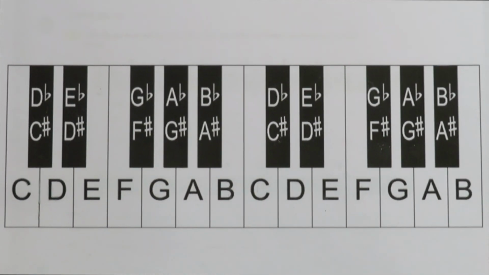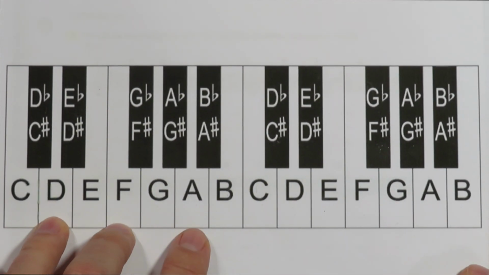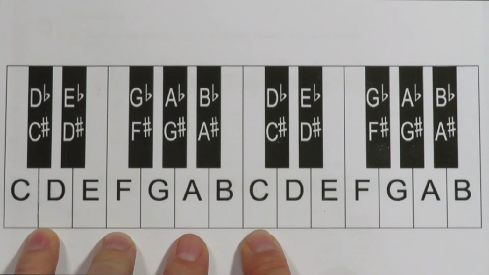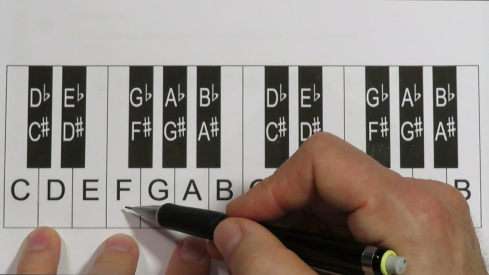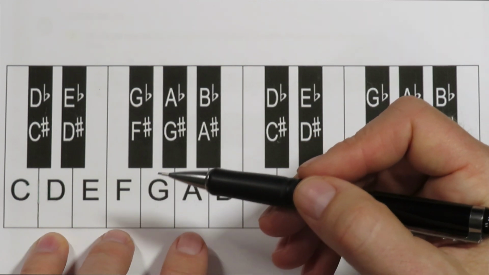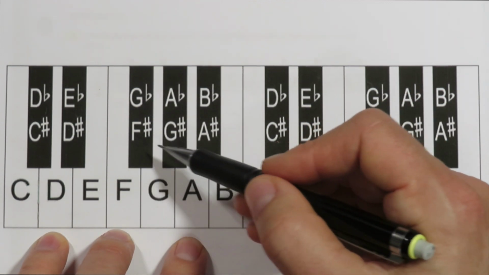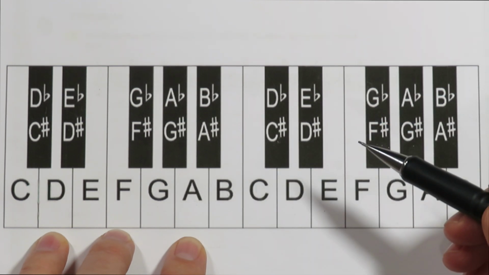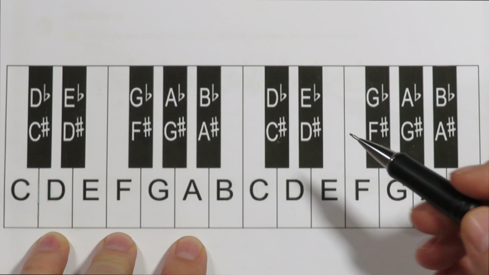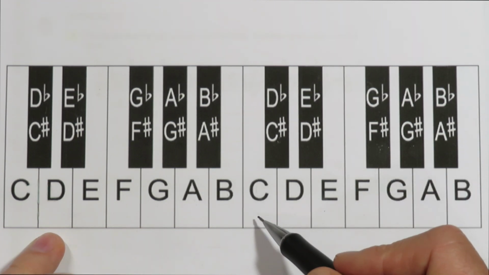So we have D, F, A, C. D, F, A is D minor. We have the D, 1, 2, 3 half steps away, a minor third to the F. And then a major third, 2 whole steps away from the F. So it's a minor triad. And now we have a C on top.